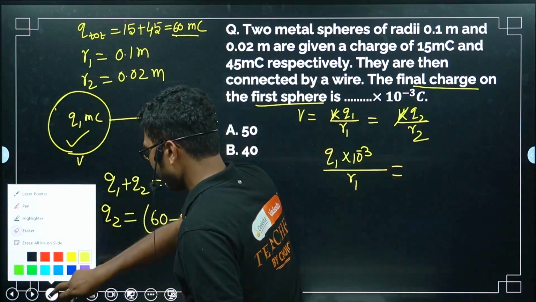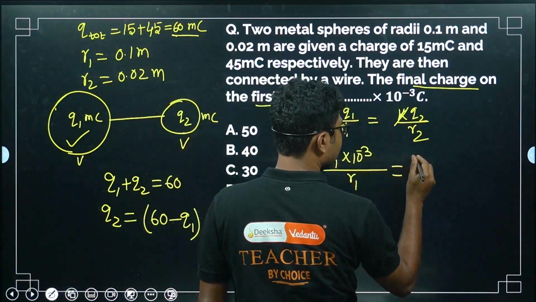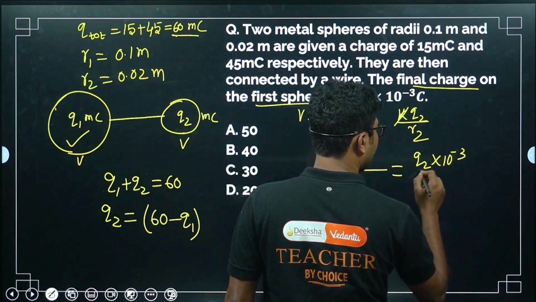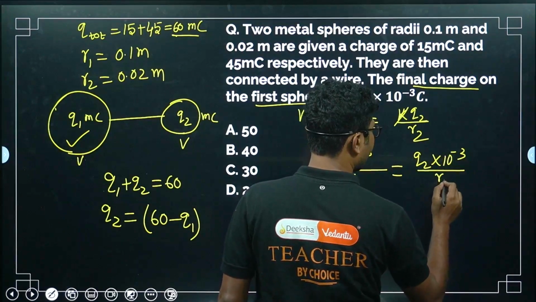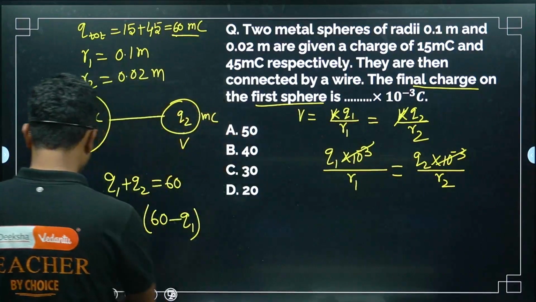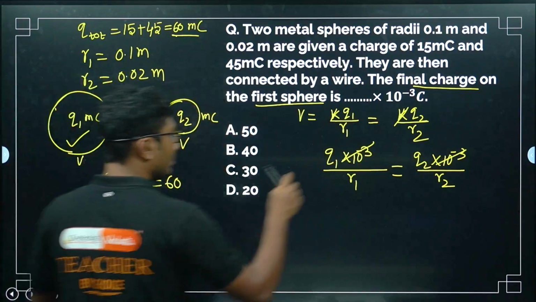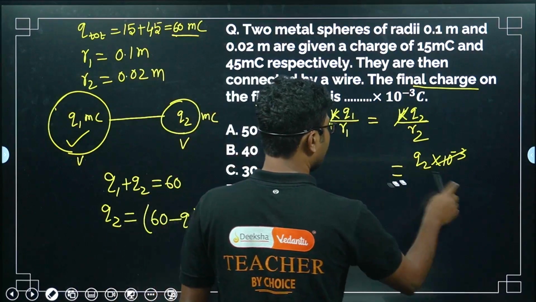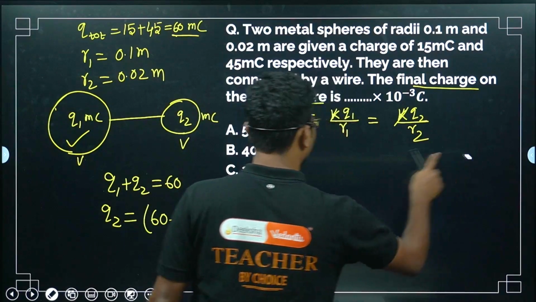So what will happen is Q2 times 10 to the power of minus 3 divided by R2. So this will cancel, and we don't need to worry about it any more. Instead, we will focus on the exact difference only.